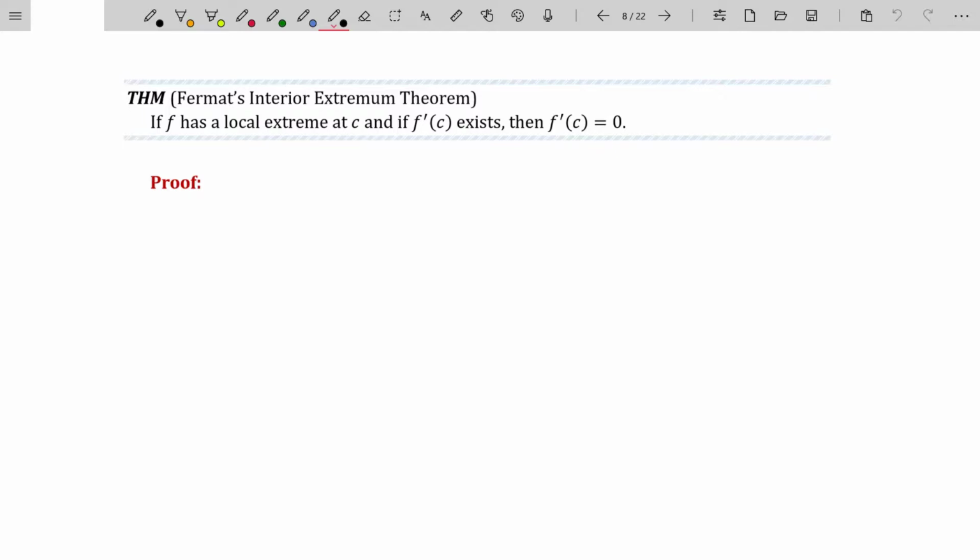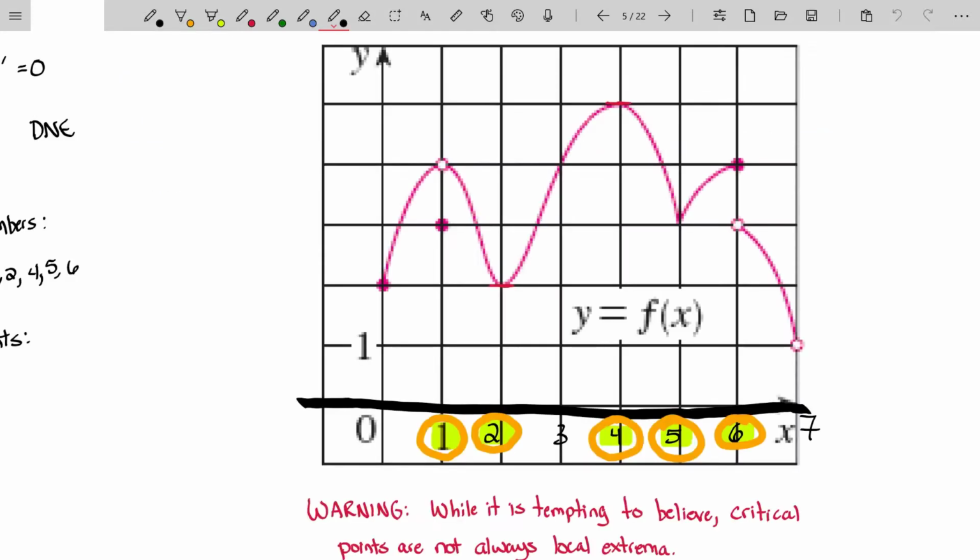That is sort of what we were seeing with our examples earlier. If our derivative existed and we had a local extreme, then the derivatives must be 0.